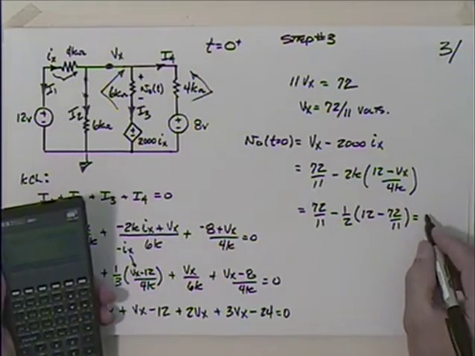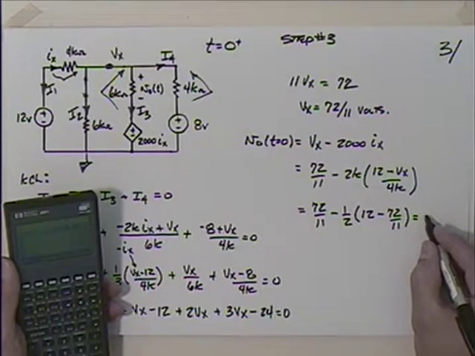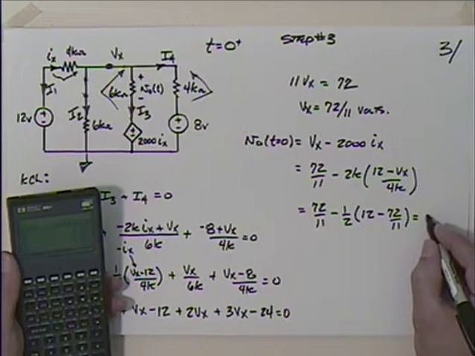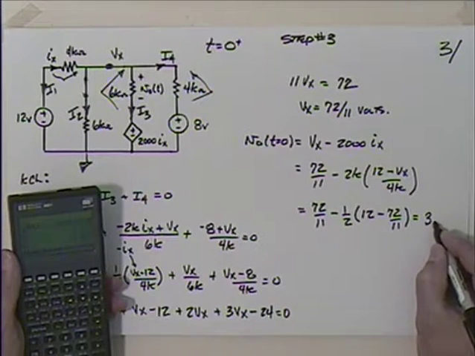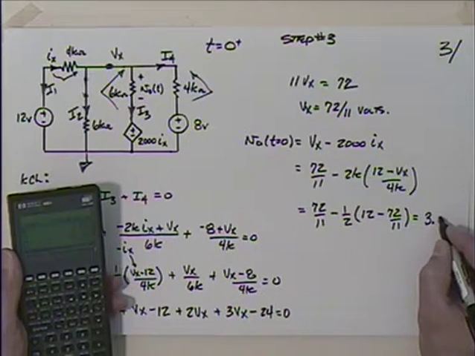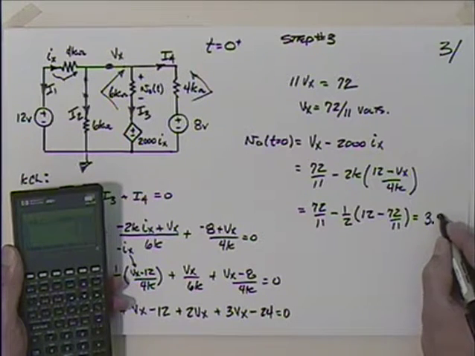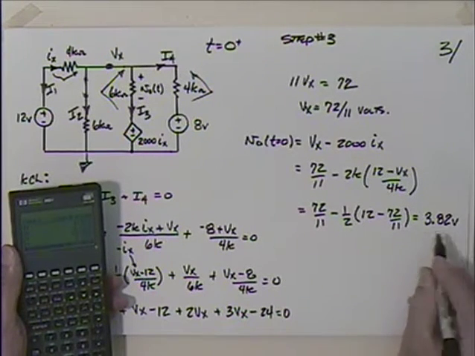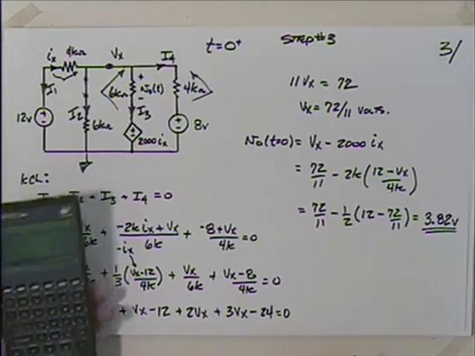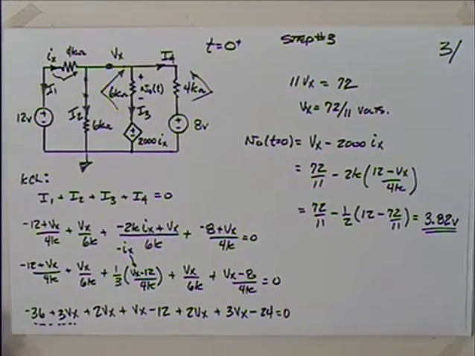Yeah, there we go. I think I just made a mistake on my calculator. I wasn't getting what I had in my notes earlier. So this is a positive 3.818, so 3.82 volts. Positive 3.82 volts. Good. Okay, so we got that.